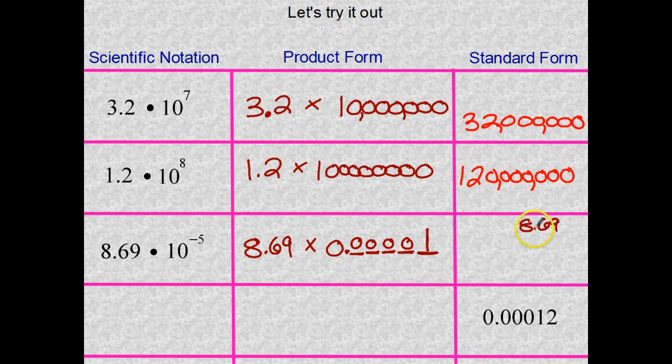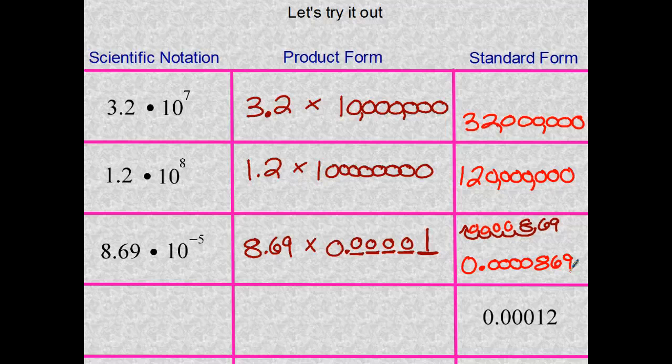Now we're going to take this number and make it smaller, so we're going to move that thing to the left 5 times. 1, 2, 3, 4, 5. Drop that decimal right there. How many zeros are we looking at? Okay, so after the decimal, let's put a 0 in there too. So after the decimal, we're going to have 1, 2, 3, 4 zeros, and our 8, 6, 9. That's how we would have it in our standard form.